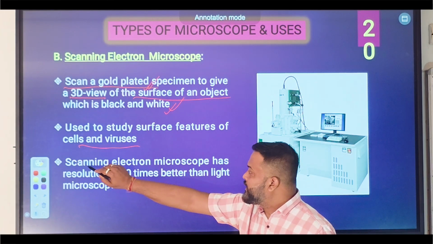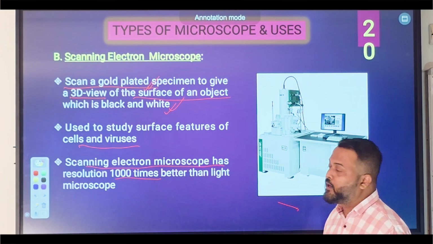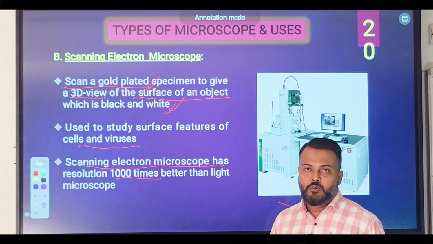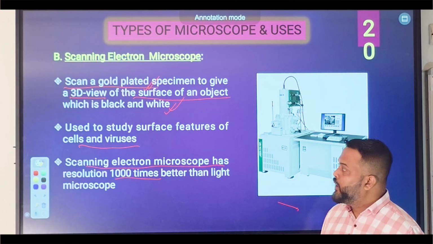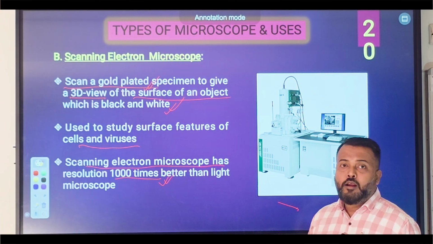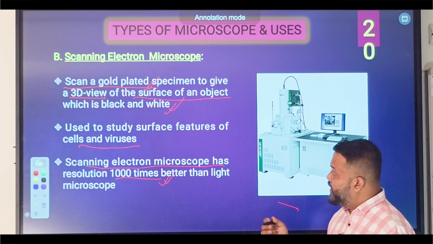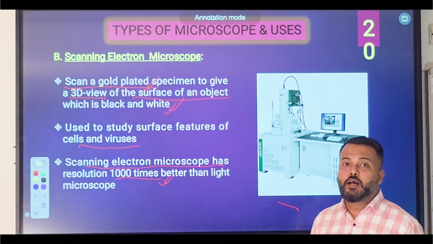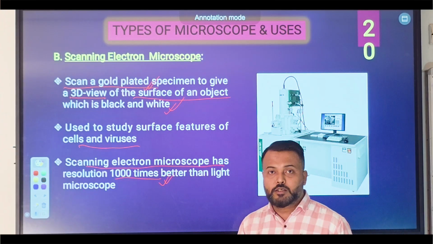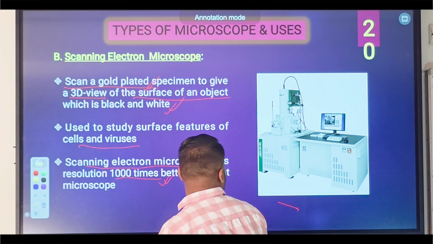Scanning electron microscopes have a resolution 1000 times better than a light microscope. It is far better, but this particular instrument is very costly, and it also requires a specific person to operate it.